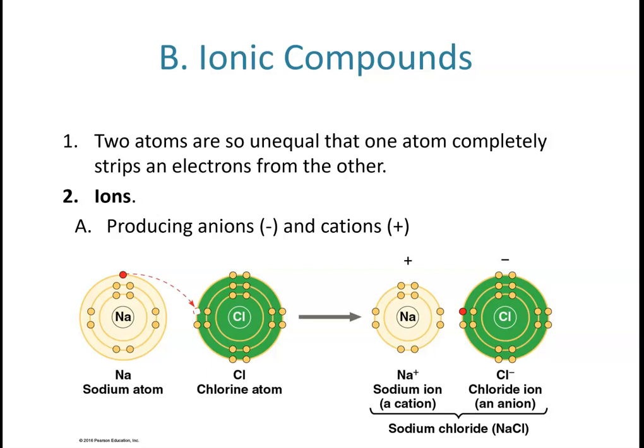But this is an entire atom that has gained a charge. So if we look at this example of sodium and chlorine atoms, you'll see that sodium has 1 valence electron and chlorine has 7.